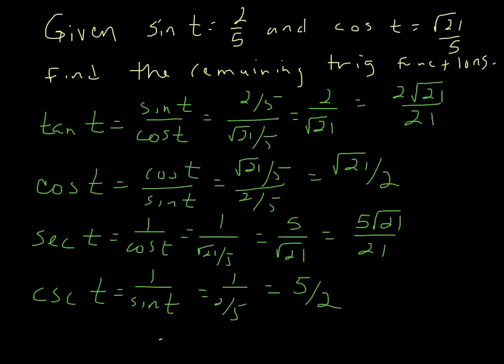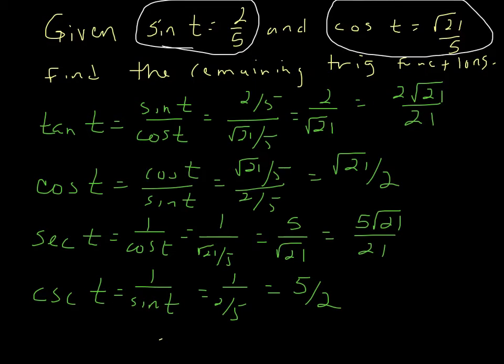Okay, so if we look at an example applying those quotient identities, if we're given that the sine of t is 2/5 and that cosine of t is the square root of 21/5, then we can find the remaining trig functions using all of these relationships, whether it's the reciprocal or the quotient.